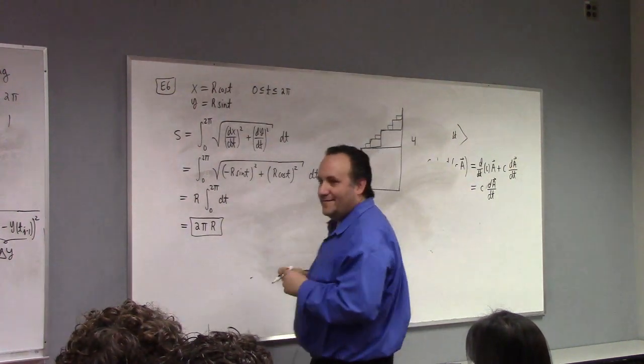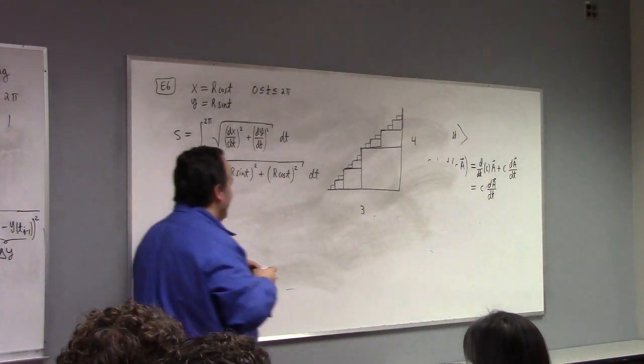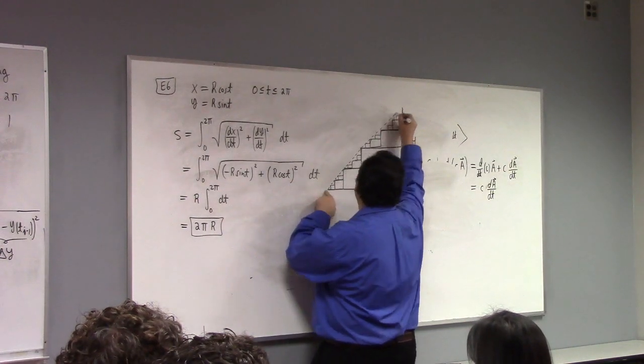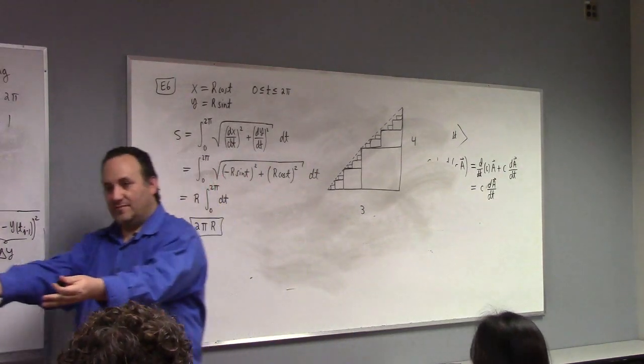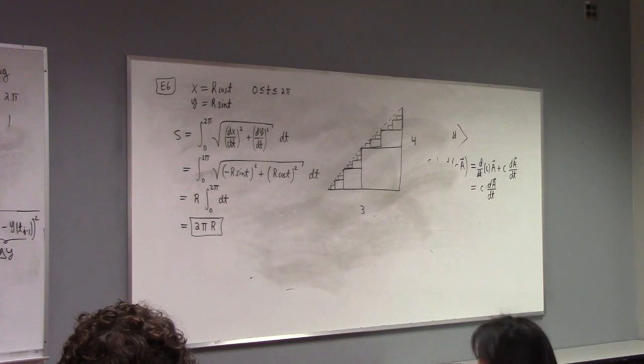How far did I go? 7. Take the limit. Clearly this staircase approaches this line, right? And no matter how many stair steps you take, as long as they're all horizontal and vertical, still length 7.